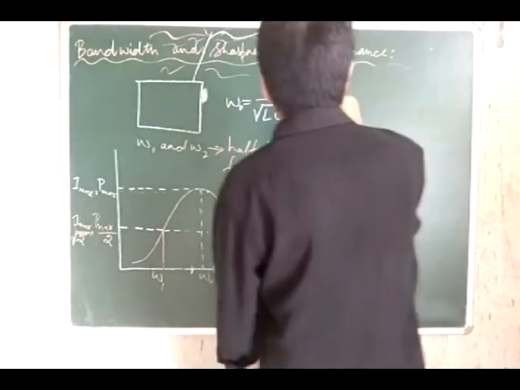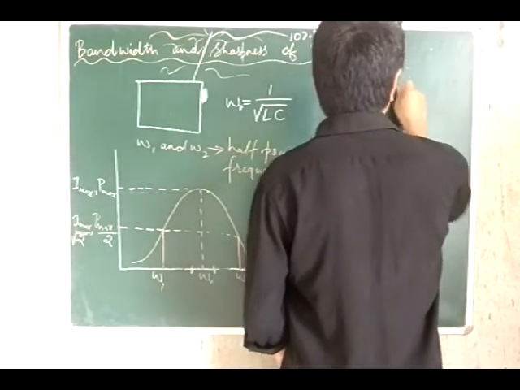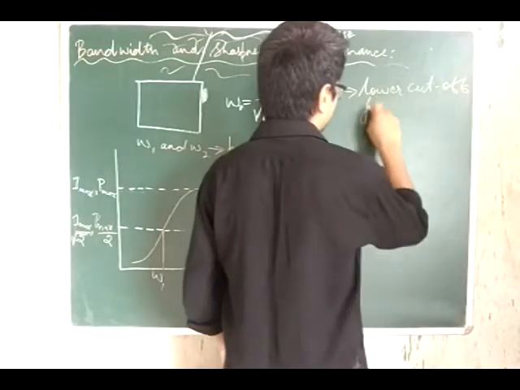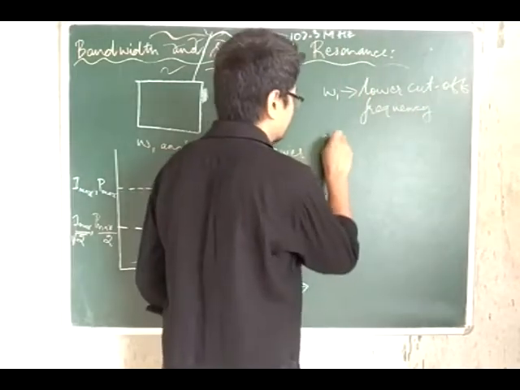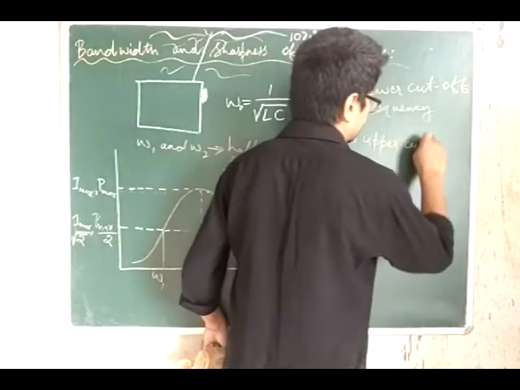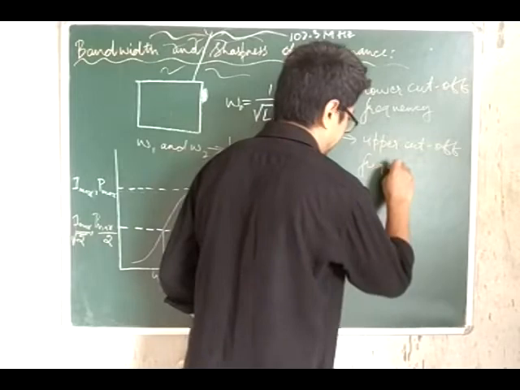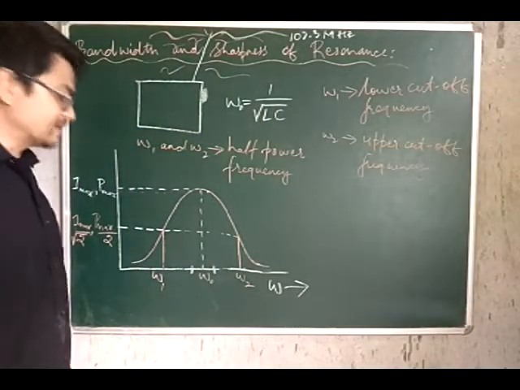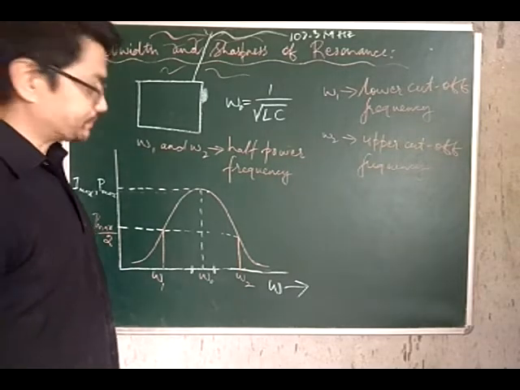To be more precise, omega 1 is called the lower cut off frequency, and omega 2 is called the upper cut off frequency. Both together are called half power frequencies since they correspond to half of the maximum value of power.